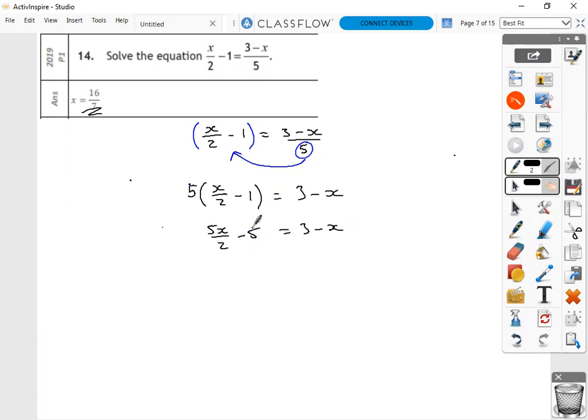I can tidy that up a wee bit by bringing the x over, taking that 5 over. Okay. And then I can just tidy that up.